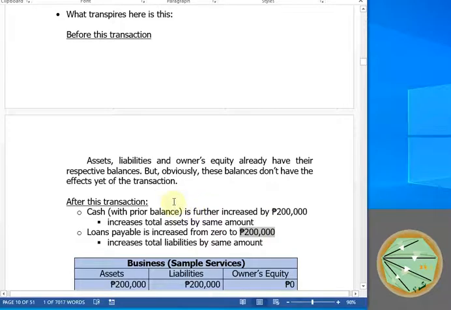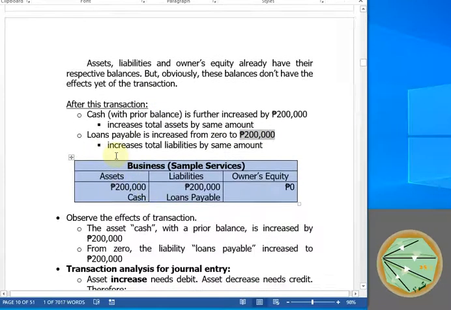Having received cash that is to be repaid in the future will make you liable to repay such amount, and therefore, as I have already explained previously, there will be recognition of the loans payable account, which is a liability, and therefore there is an increase in the loans payable from 0 previously to 200,000. So of course, being a liability, the effect is it will also increase total liabilities by the same amount.